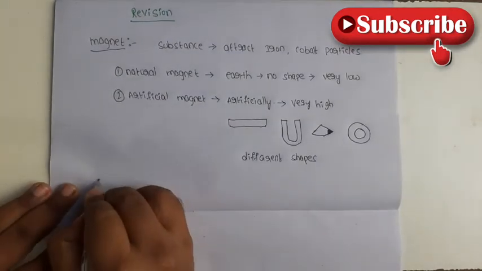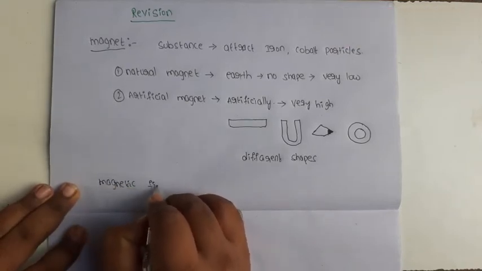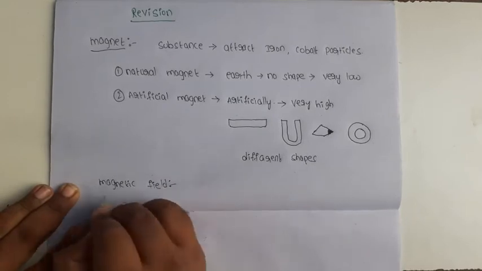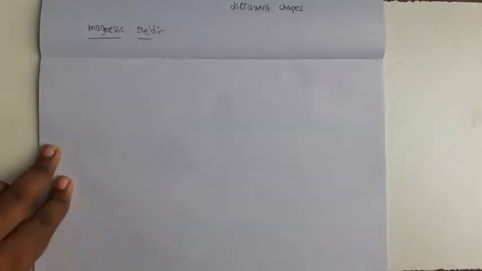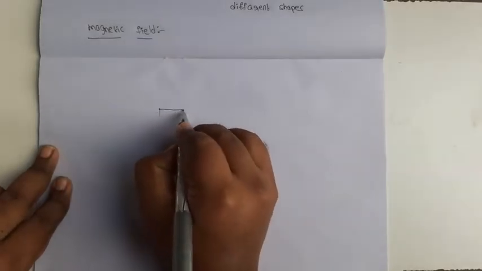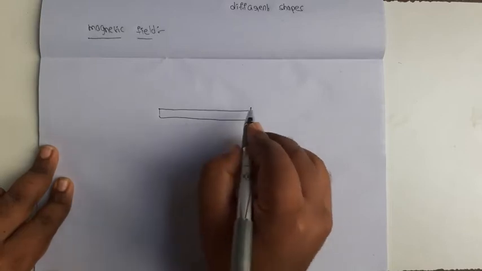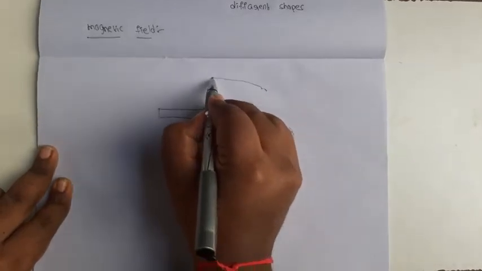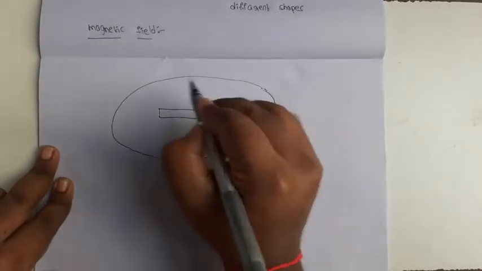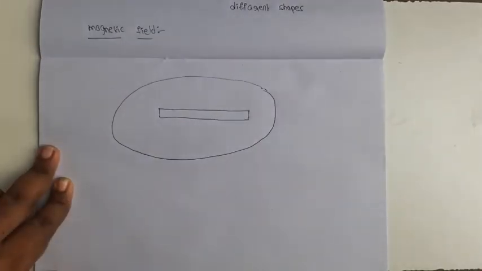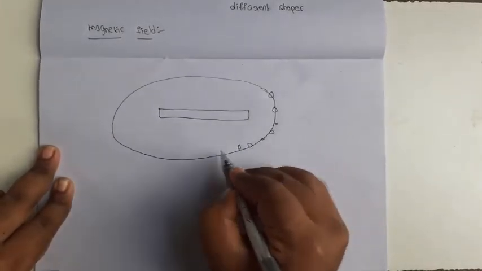Next, magnetic field. What is meant by a magnetic field? This is a magnet. The space surrounded by the magnet where the influence of the magnet is present.